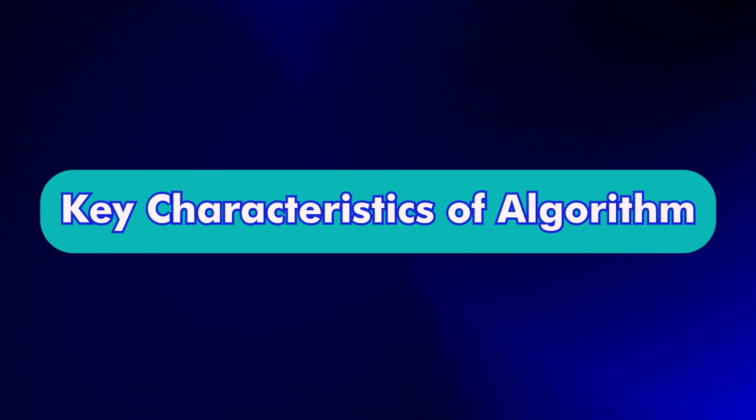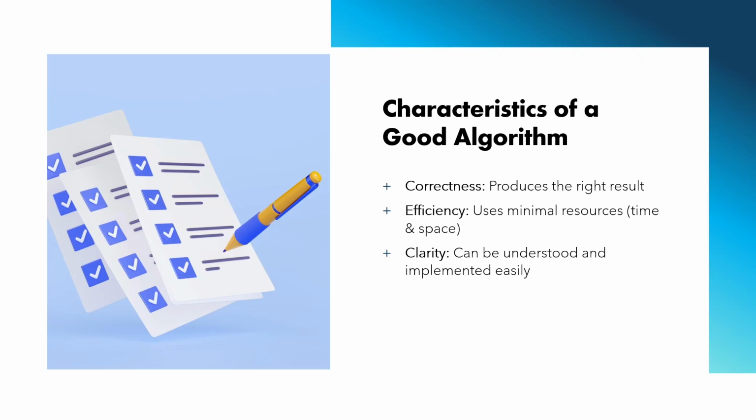Now that we have a clear understanding of the meaning of algorithm, let's take a look at the key characteristics of algorithms. First, a good algorithm is not only correct, but also efficient, meaning it solves the problem with the least number of resources. Once again, you can see it's not just about solving the problem, but solving the problem efficiently.